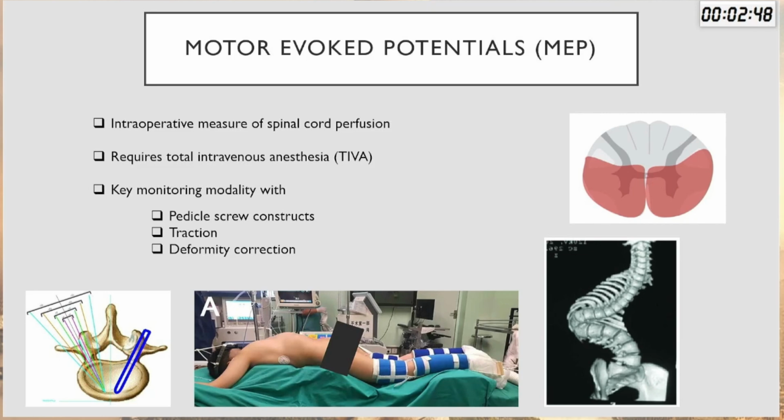This key monitoring modality can be affected by direct trauma during pedicle screw constructs, where you will have a unilateral drop in the motor evoked potentials. It can occur with traction, if you are using excessive traction, if you have a large deformity, and during your correction maneuvers.